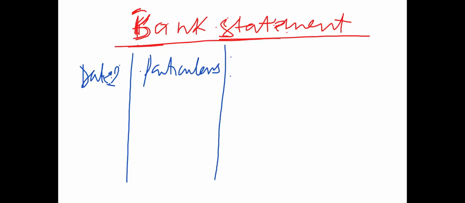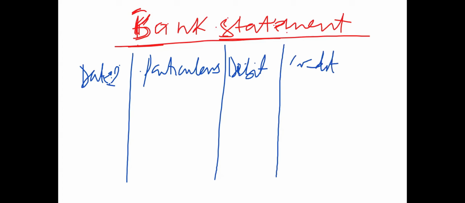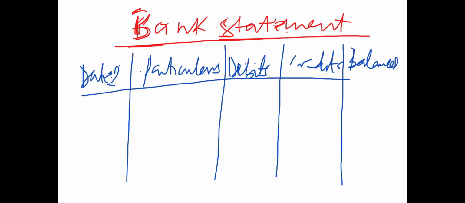Then we have the debit side. Of course, this one has a currency sign, but I will put it in later. Then you have also the credit, the debits and the credits. Then we have also a column for balance, and this is how the bank statement will always look like.